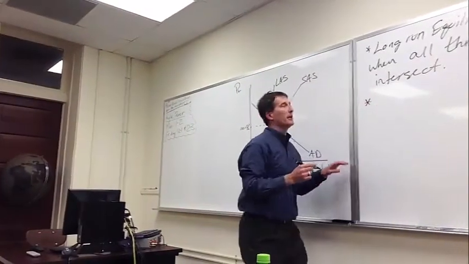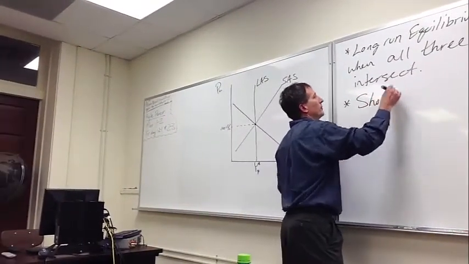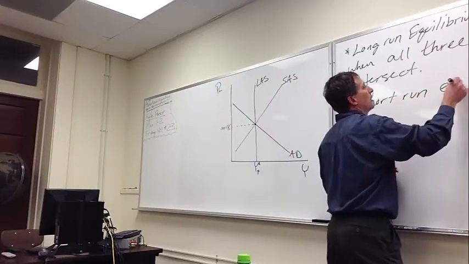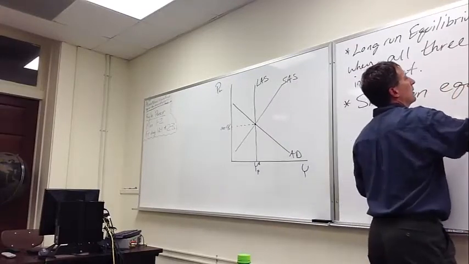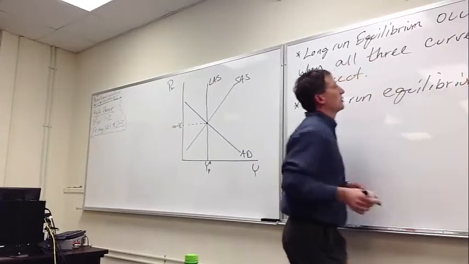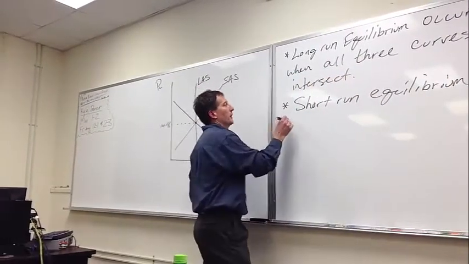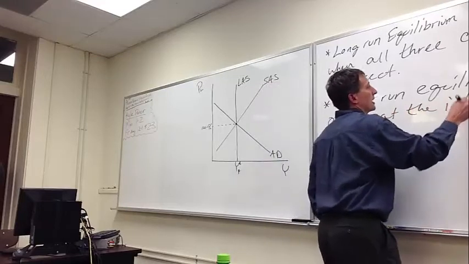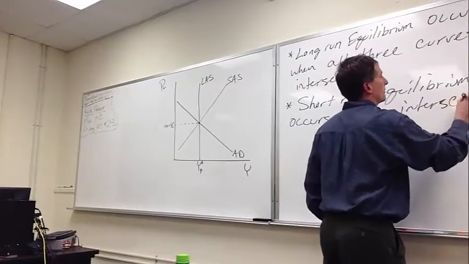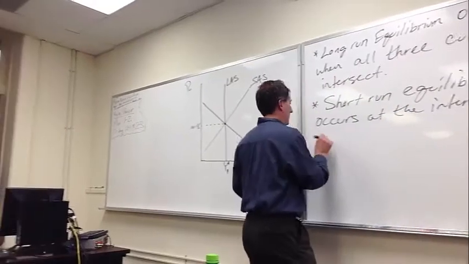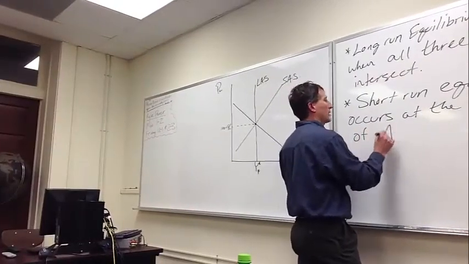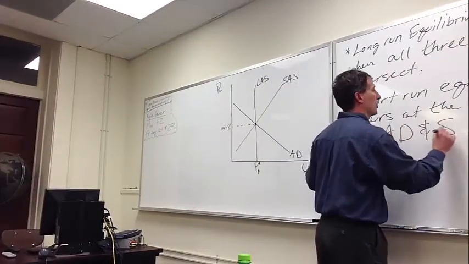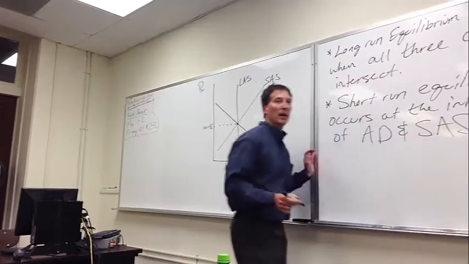Short run equilibrium occurs at the intersection of aggregate demand and short run aggregate supply.